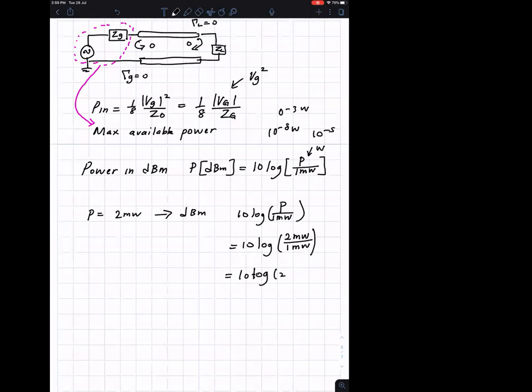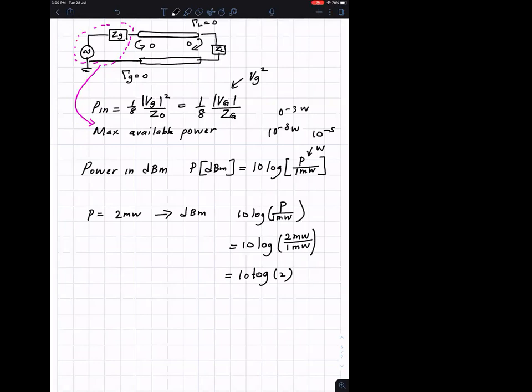2. Log 2, how much is that? Anybody got a calculator handy? Log 2. 3.01, sir.